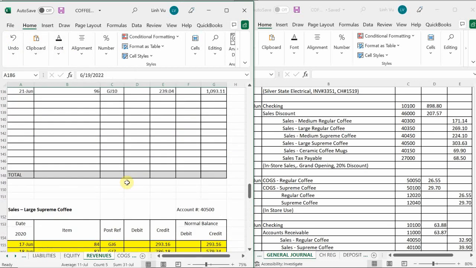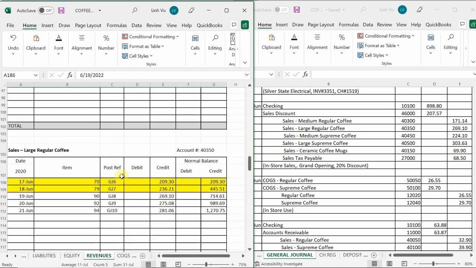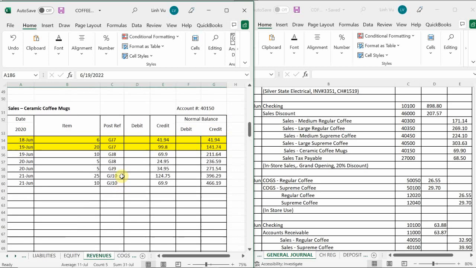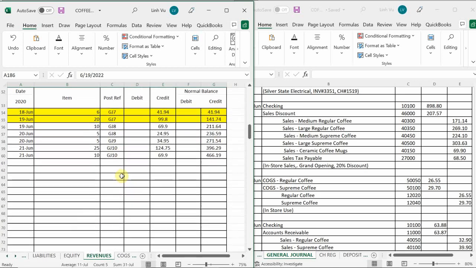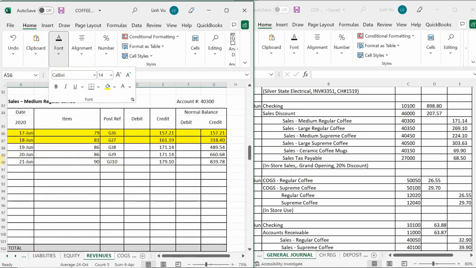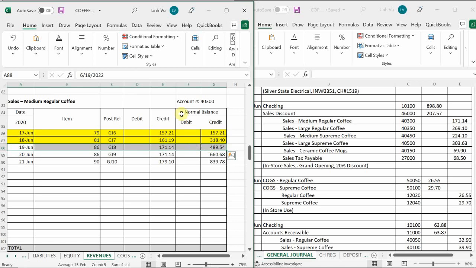Okay, then we had a bunch of sales, starting with, let's do this ceramic coffee mugs first. Ceramic coffee mugs. How many did we sell? We sold $69.90. Okay, here we go, $69.90. Okay. We sold our medium regular for the 171.